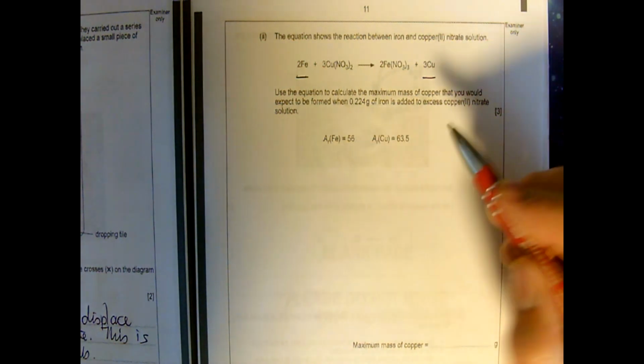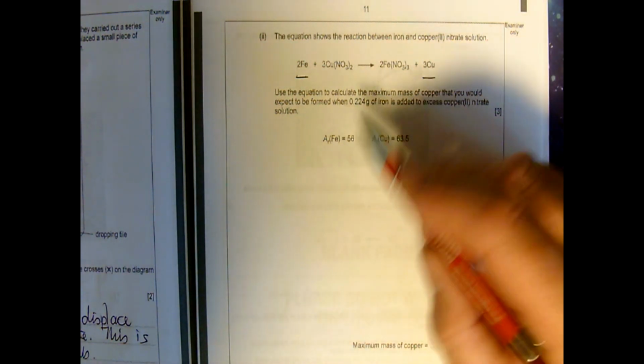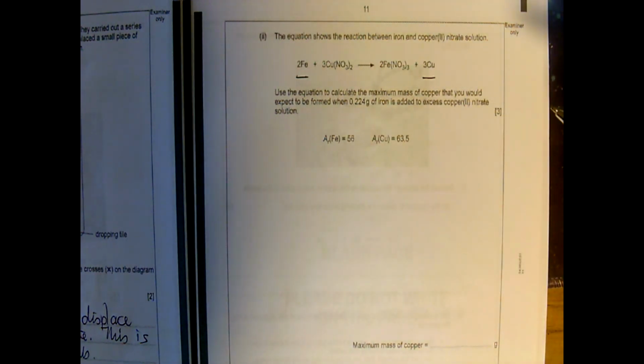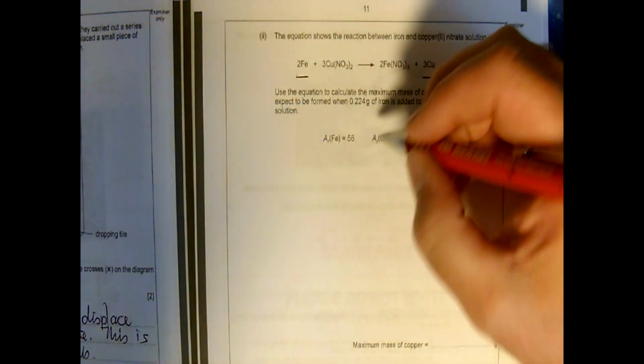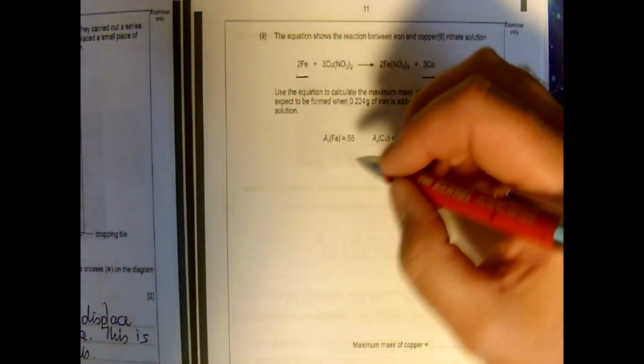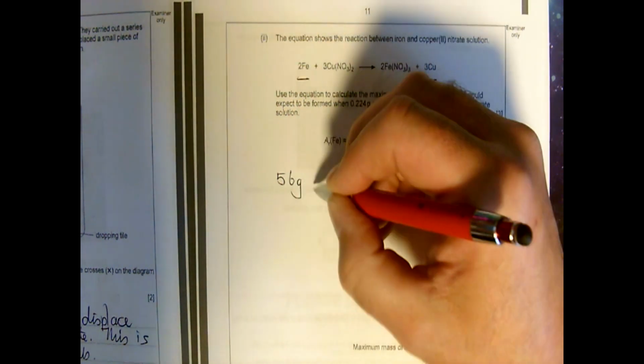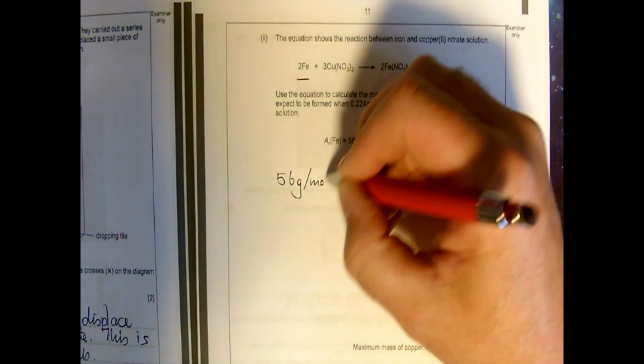The equation shows the reaction between iron and copper nitrate solution. So we've got 2 Fe's reacting with 3 coppers. Maximum when 0.224 grams of iron is.